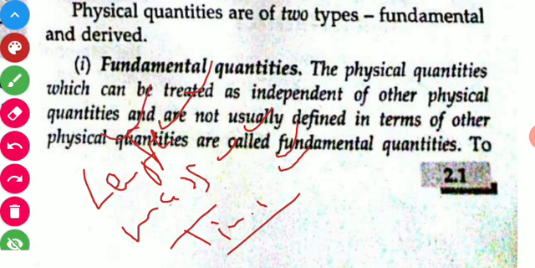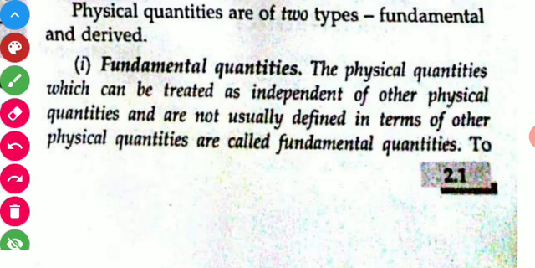Like length, we cannot express length in other quantities, like mass or time. So length is an independent quantity. Those quantities which are independent of other physical quantities and are not usually defined in terms of other physical quantities are called fundamental quantities.